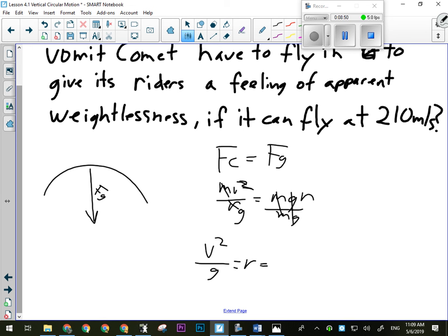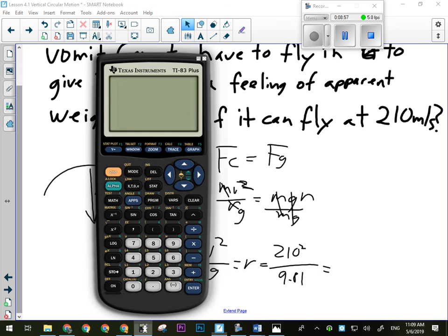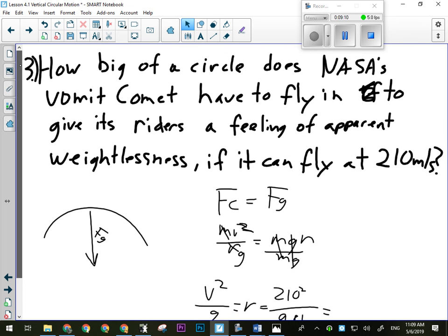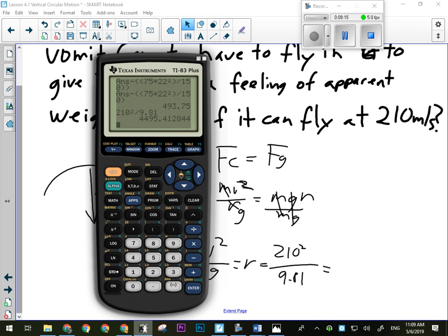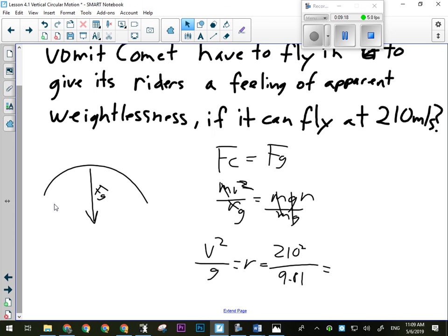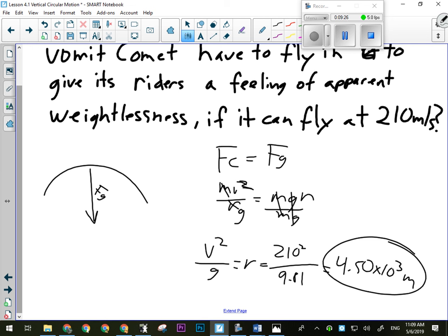That's going to be 210 squared divided by 9.81. All right, so we're looking at a radius of 4.5 times 10 to the 3. Actually, we have 3 significant figures there, 4.50. So it's a circle with a radius of 4.5 kilometers.